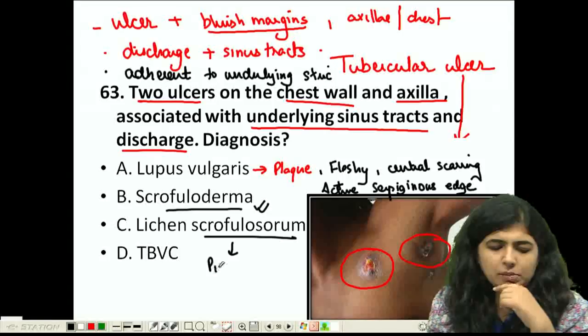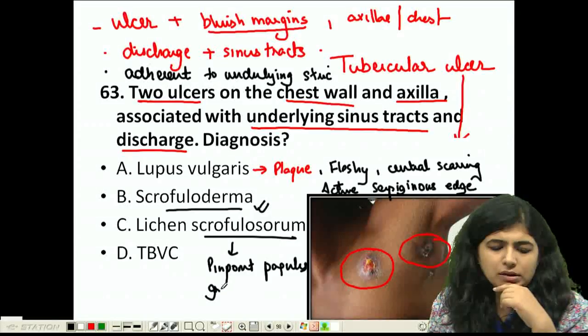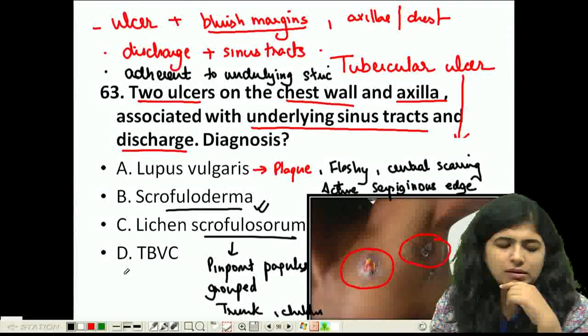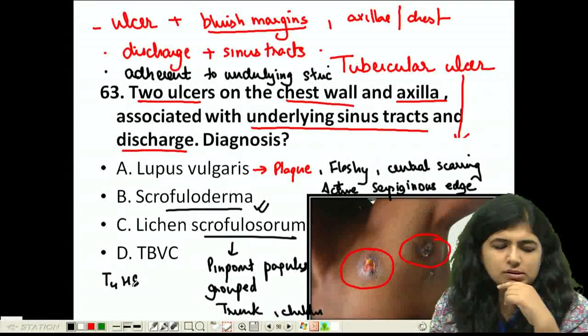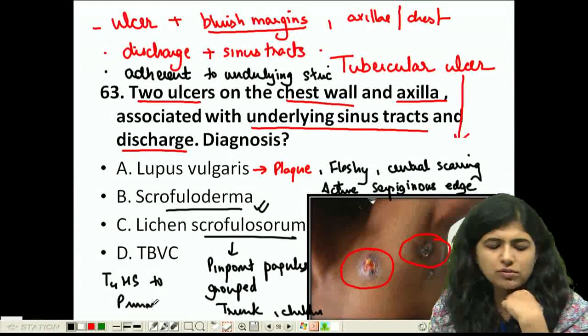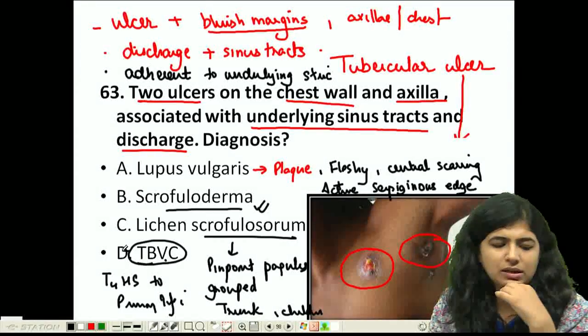Lichen scrofulosorum are multiple pinpoint papules present in a grouped pattern on the trunk, mostly in children, and this is a type 4 hypersensitivity to the primary infection. What is TBVC?